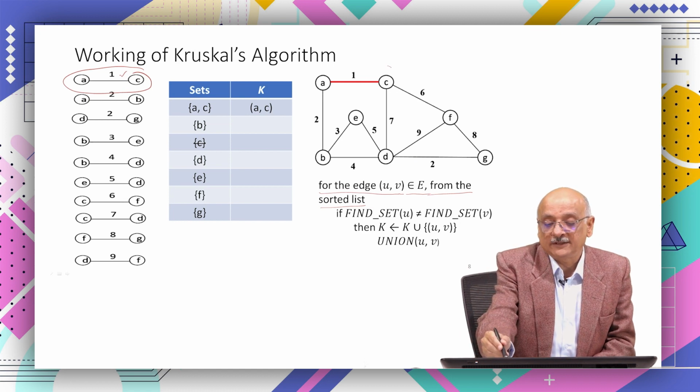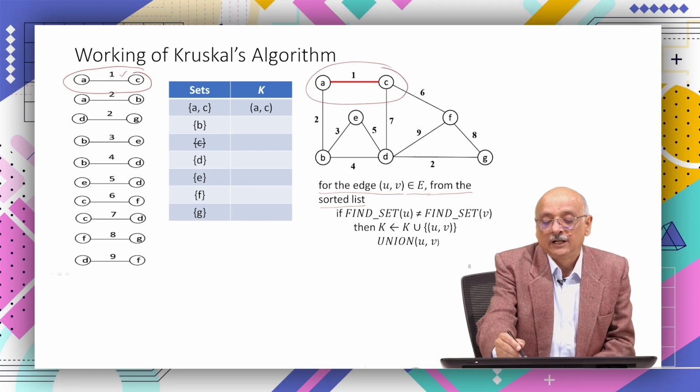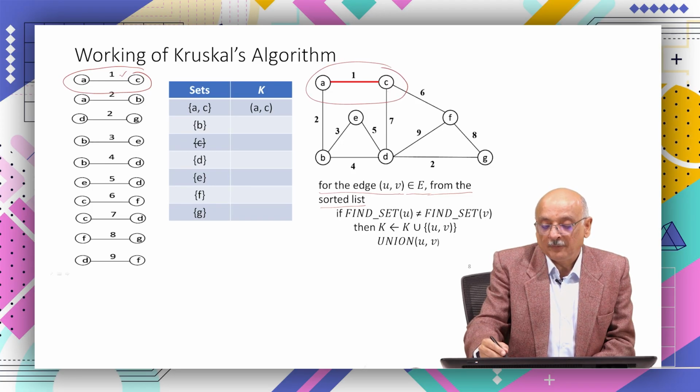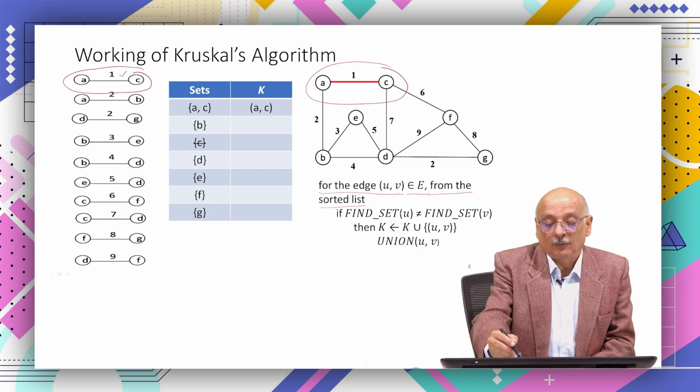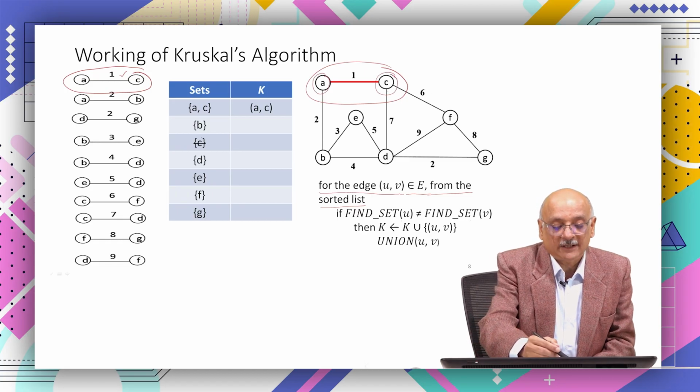So this is what is shown in the graph here. Okay, so we have picked up AC. When we picked up AC, if find set U is not equal to find set V. So what is U in this particular case? A. What is V? C. Both A and C at the start were different sets, right?